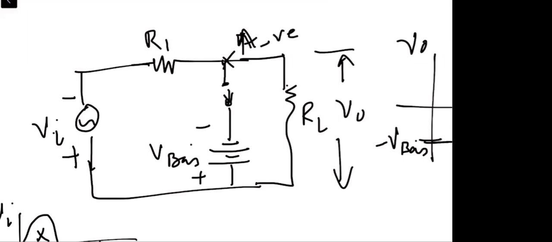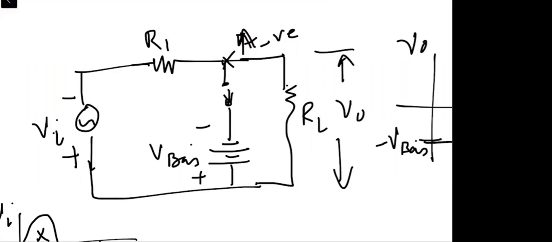As long as this negative potential at point A is less than minus V bias, the diode will remain a short circuit switch. At the point where the potential at point A becomes equal to V bias, at that very instant, we have a transition of the diode from the on state to the off state, right?